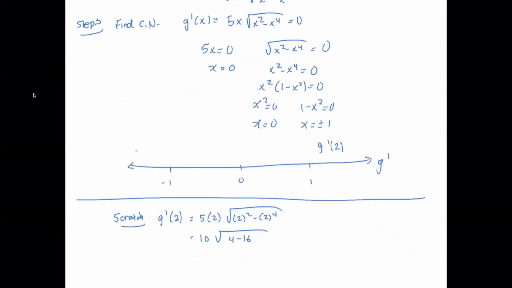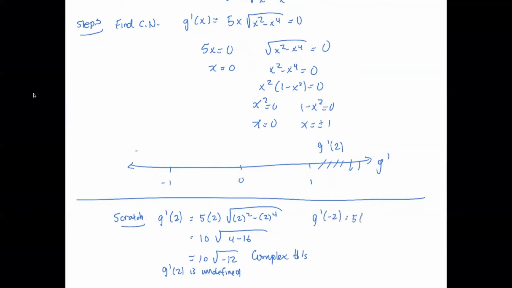And I get 10 square root of 4 minus 16. But then I get 10 square root of negative 12, and this is undefined. This is complex, or actually, maybe not undefined. Let's say complex numbers. But we're not dealing with complex numbers here. So we're going to say this is undefined. So g prime of 2 is undefined. And it turns out that if you do g prime of negative 2, something similar happens.